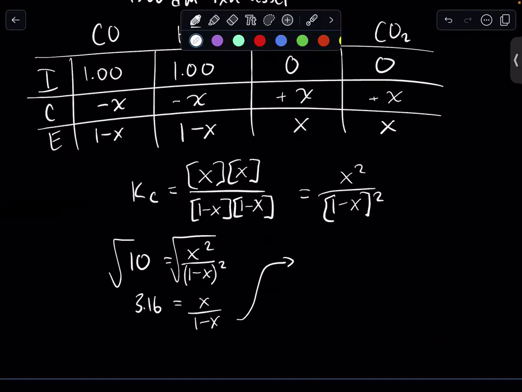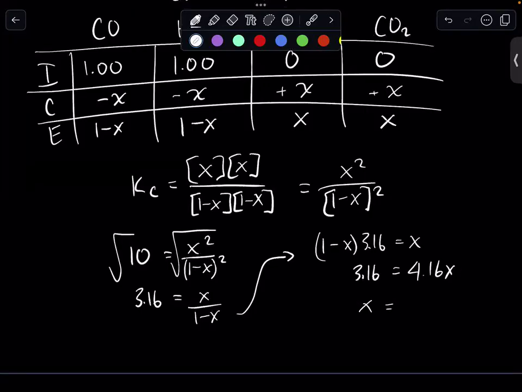To keep some room here, I'm just going to say 1 minus X times 3.16 is equal to X. So we'll simplify it further to get 3.16 is equal to 4.16x. Our x value is now 0.760. So we just did a little bit of algebra, solved for x, and now we know our concentrations.